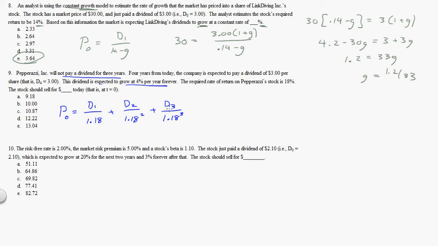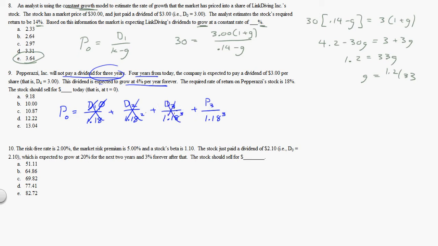We go out 3 years because it's got 3 years of non-constant or weird growth, and then after that it grows at a constant rate. So then we need P3 over 1.18 cubed. So we have to figure out D1, D2, and D3. That's easy. That's 0. So these go away because each one of these is 0.